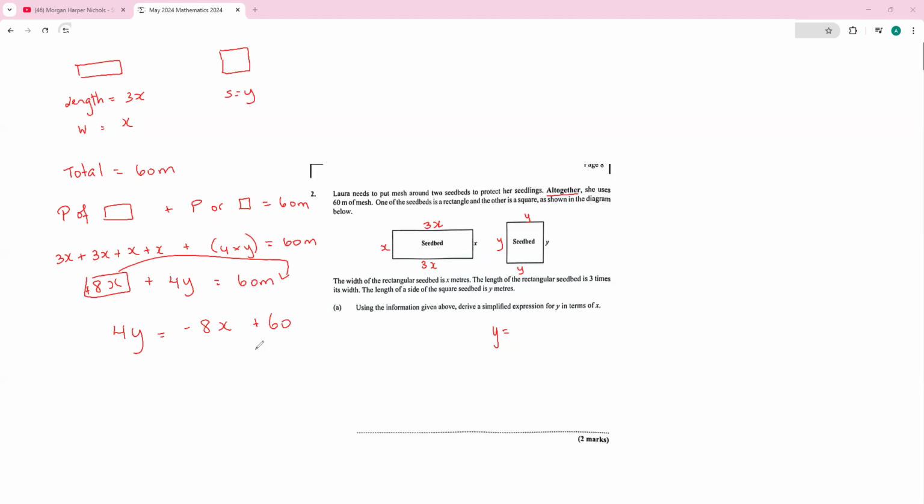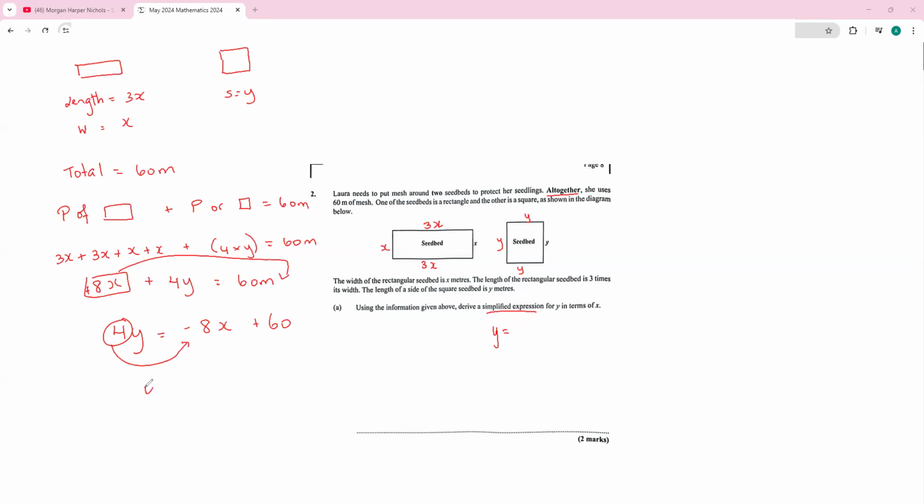Now this said simplified expression. We could break that down some more because I could make y the subject alone. So that means to get rid of this 4, I could carry it across. It was multiplying, so when it goes across, you do the opposite operation, which will be dividing.